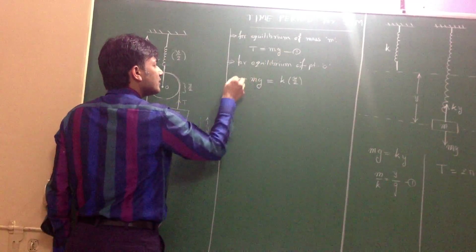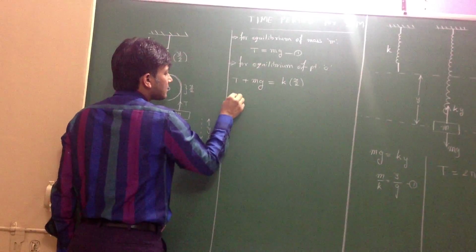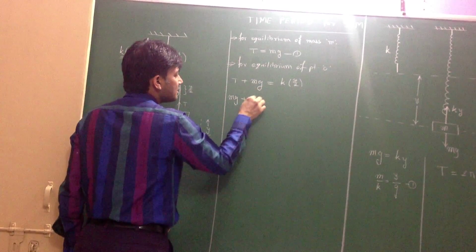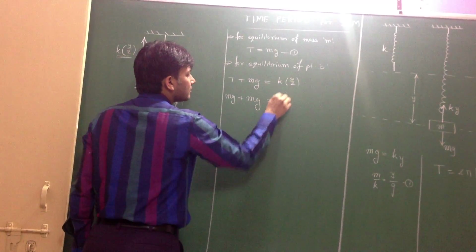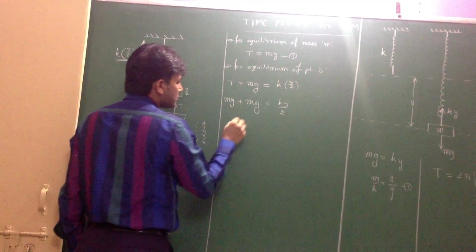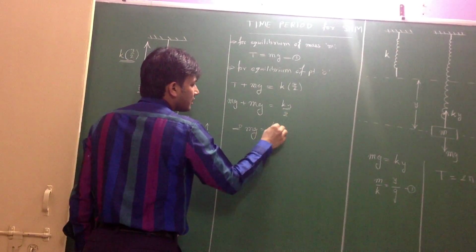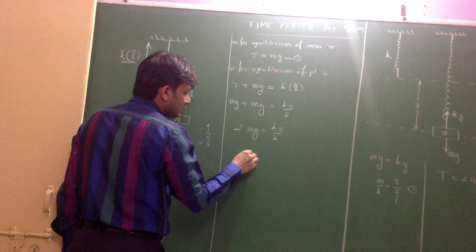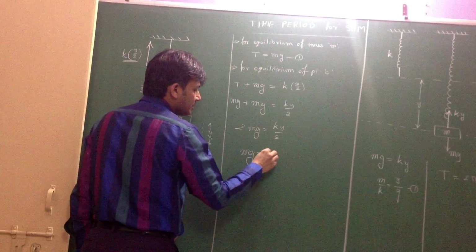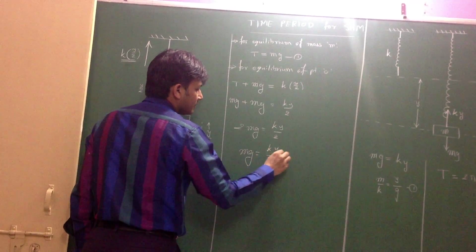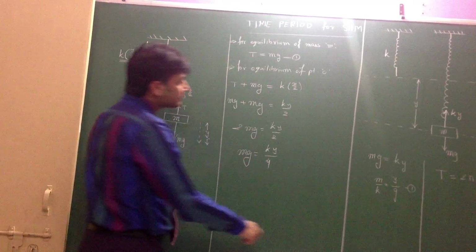But from equation 1 we have T is equal to mg, plus this mg is there. So we have 2 mg is equal to ky by 2. I will need this mg afterwards. So mg is equal to ky by 4.